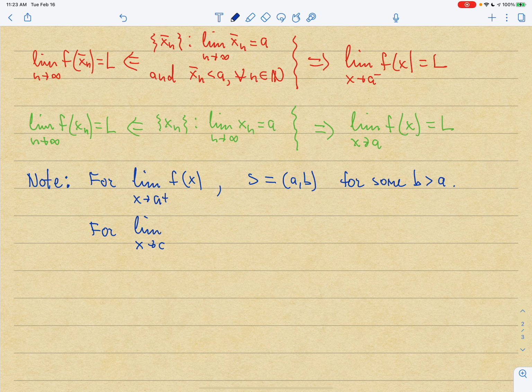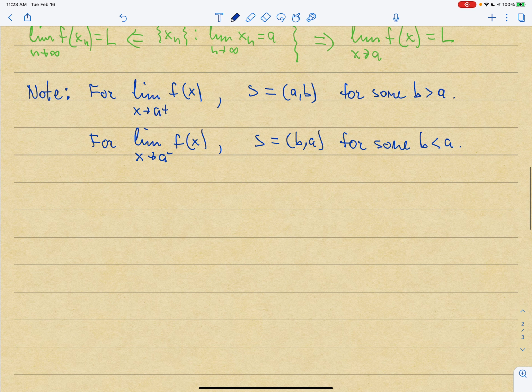For the limit x goes to a minus of f of x, in the same way, I should take an interval from some B to A, where B is now less than A. For the limit x goes to A of f of x, what do I need to do?